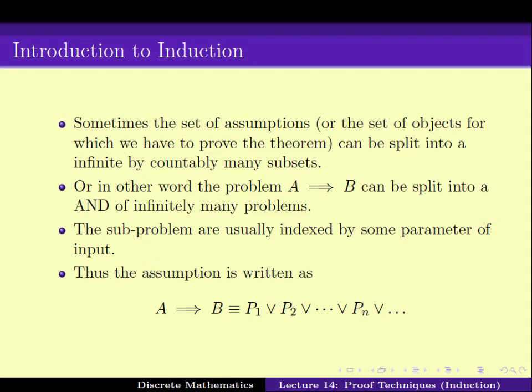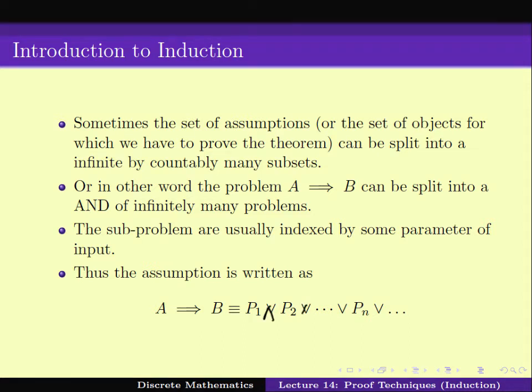So in other words, I would like to write A implies B as P1 and P2 and so on till Pn and so on. I made a mistake in the slide here. These should all be AND. So P1 and P2 and P3 and so on till Pn. Okay.